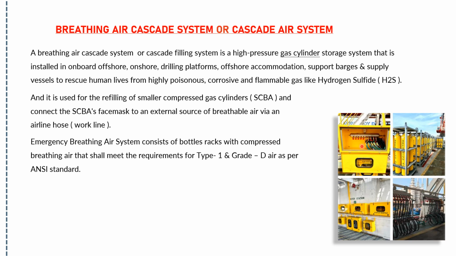This manifold is installed at specific locations at the rig where a person has to be present at the time of emergency, well control, or any situation, for example extinguishing a fire, when the atmosphere is flammable, the hydrogen sulfide concentration is high, and the oxygen percentage is low.